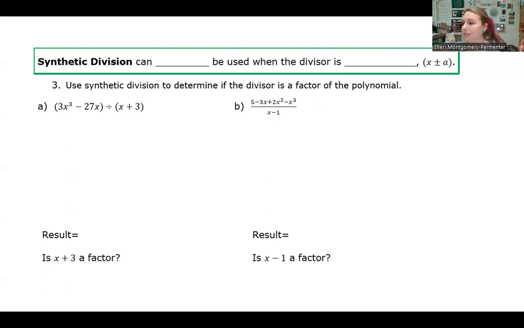At the top, it says synthetic division can blank when used when the divisor is blank. So what we're going to put in the blank is synthetic division can only be used when the divisor is linear.